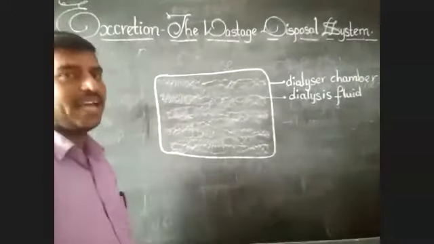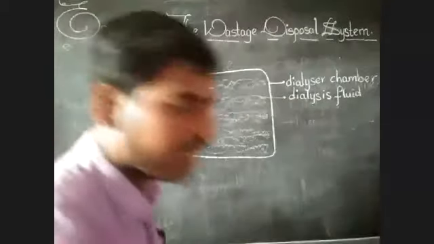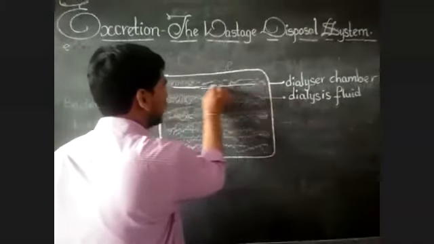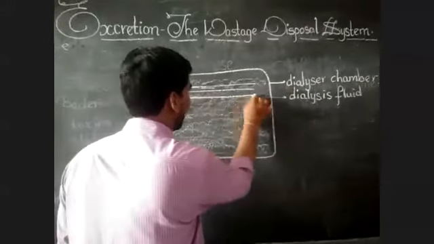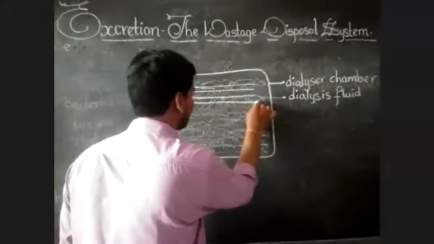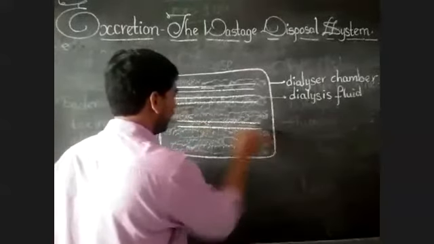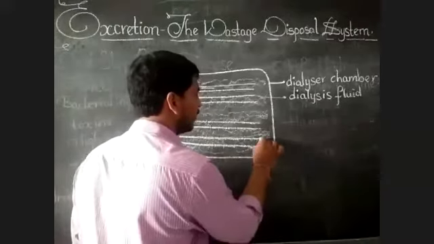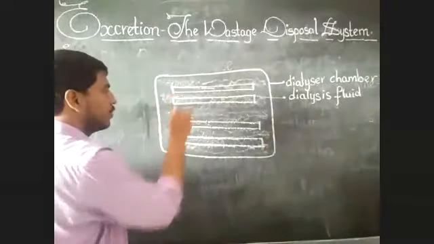Now, in this dialyzer fluid, there are certain tubes. These are the tubes, and they are arranged parallelly. The walls of these tubes are made up of semi-permeable membrane.